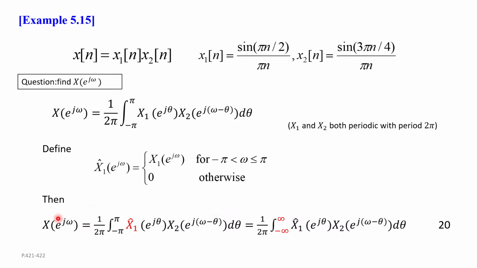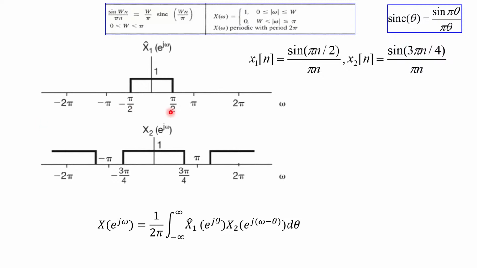But you also want this output to be periodic in 2π. Okay. Because it's big X. Once again, remember this is the Fourier transform of a discrete signal. So this big X should also be periodic with period 2π. And you can see from this formula that the convolution of a periodic signal with something finite gives you something finite and periodic in 2π.